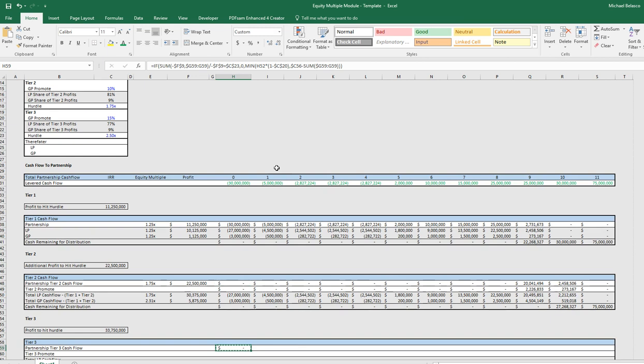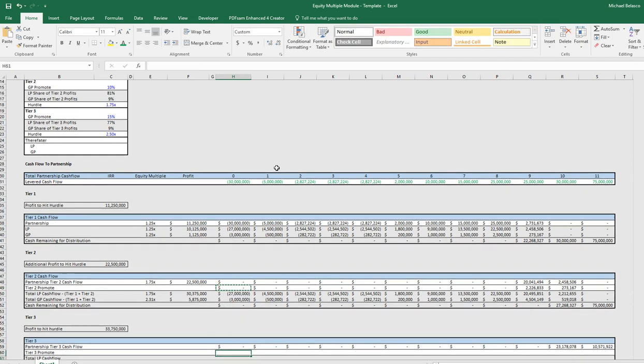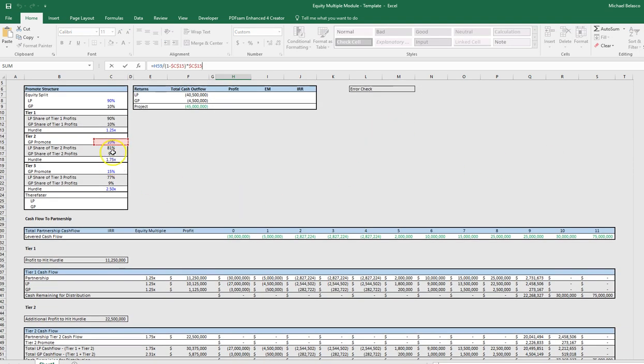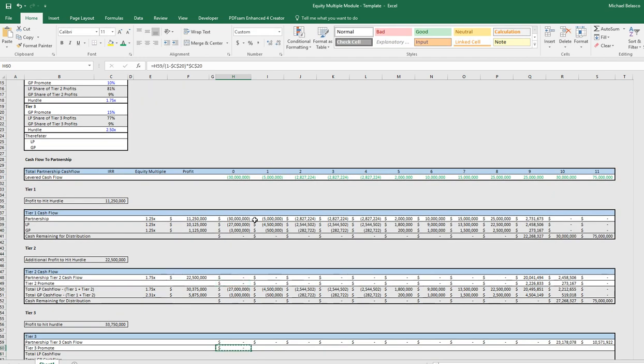And we'll copy and paste that. And we can do the same thing with our promote this time. Copy and paste that, and we will scroll up and just pull the formula that was referencing tier 2 down to tier 3. Copy and paste that as well.